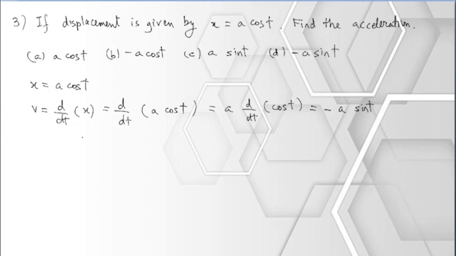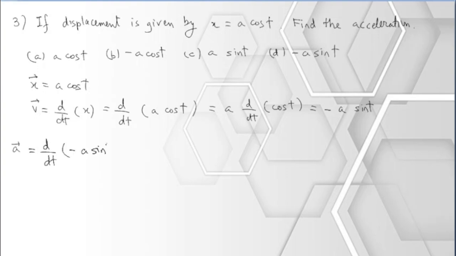Again, if you need acceleration, what do you need to do? Acceleration is the rate of change of what? Velocity. So you have to again differentiate velocity with respect to time, and velocity is minus a sine t.